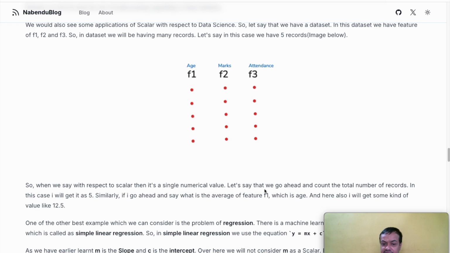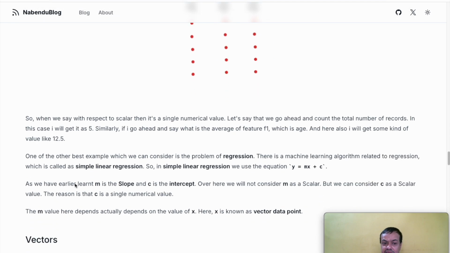If we count the number of records, I will get 5. Similarly, the average of feature F1, which is age, I will get some value like 12.5.